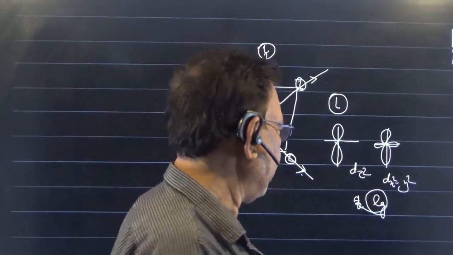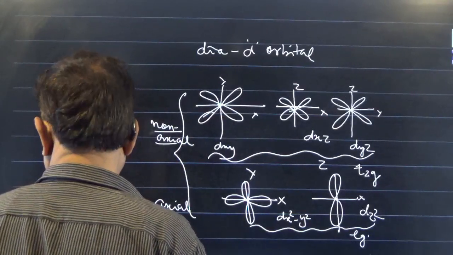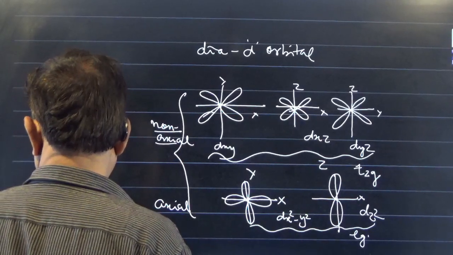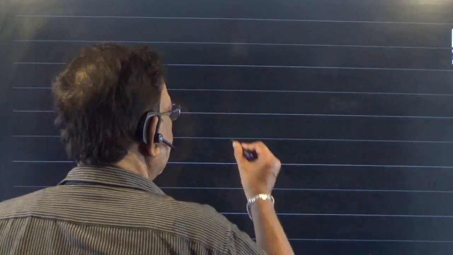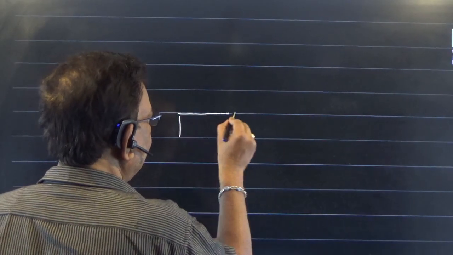So now splitting. Here you see, this is the d orbital.